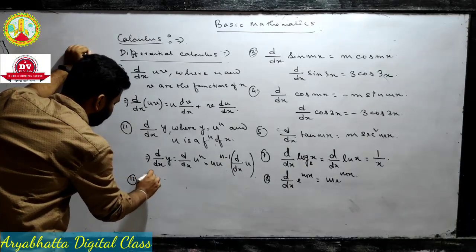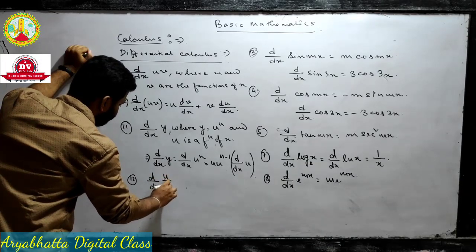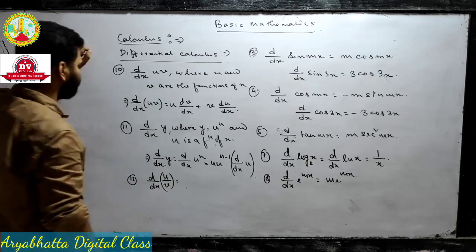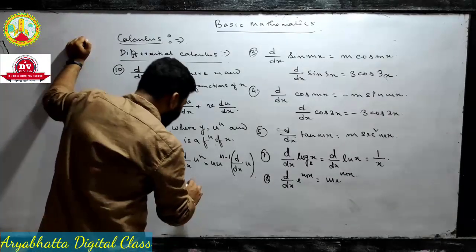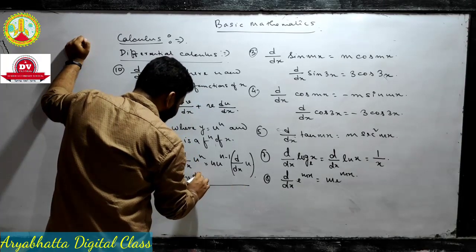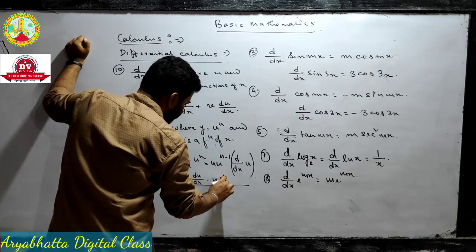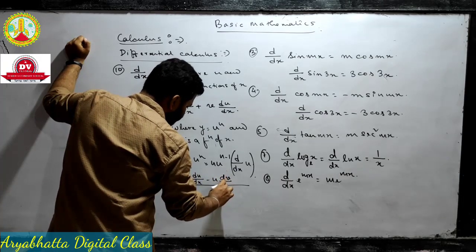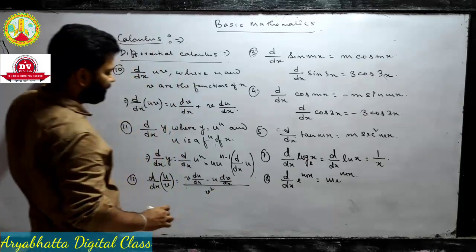number 12. If it is like this, d/dx of u by v, and u and v are functions of x, then what will we do? First v du/dx minus u dv/dx, divided by v square.